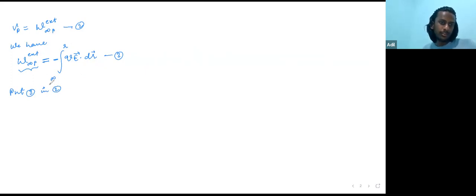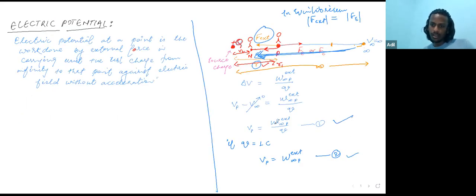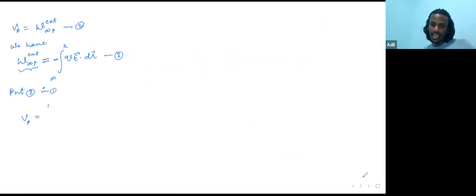When you put this value, you get V at P equal to, what is your equation? V at P is equal to W of infinity to P external over Q. Just one second, put this value in equation 1.